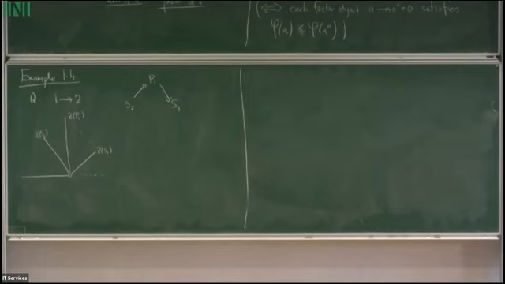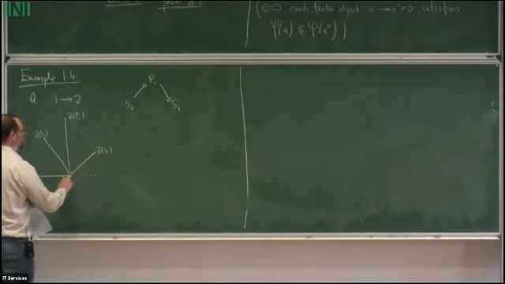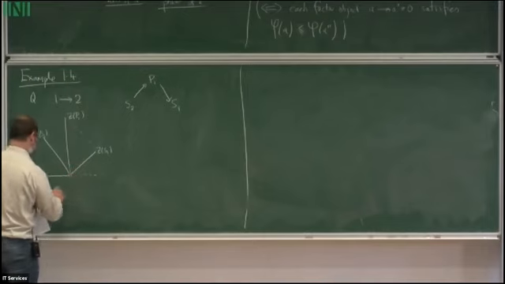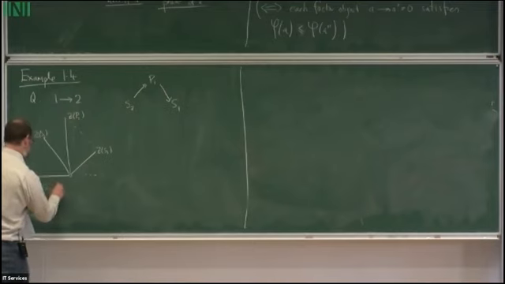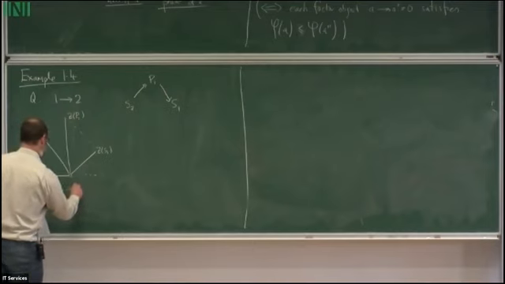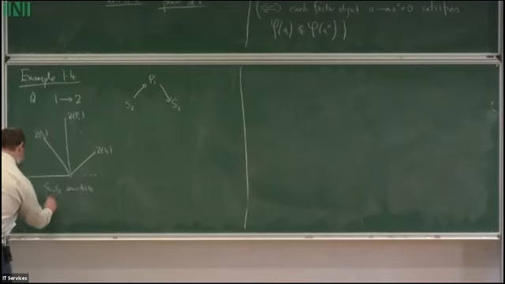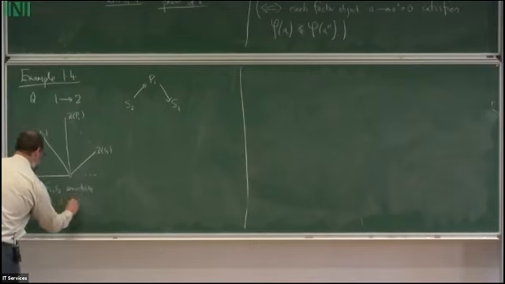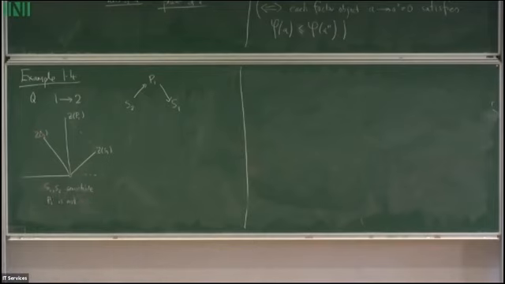And we see that S1 and S2 are semi-stable, but P1 is not, because S2 is a subobject of P1 with bigger phase.